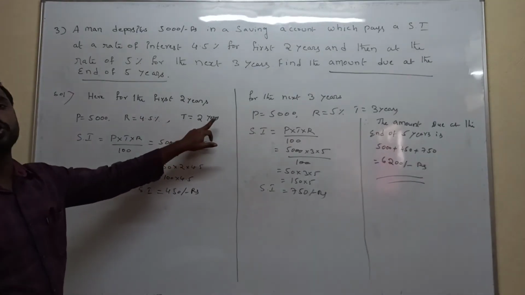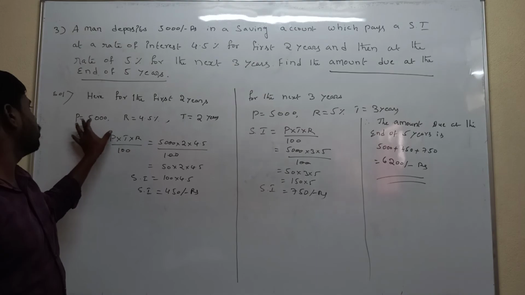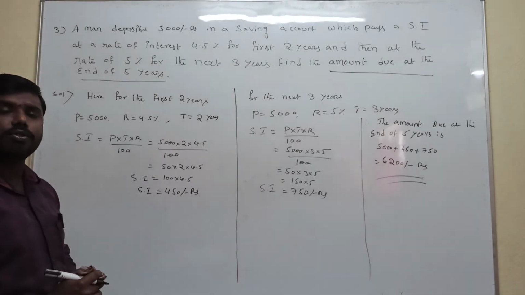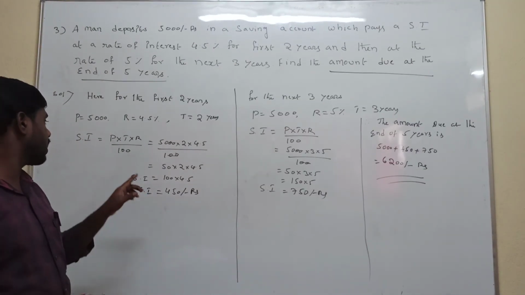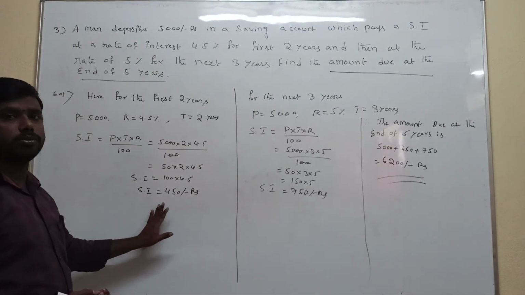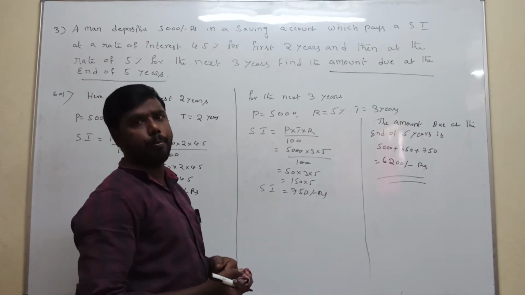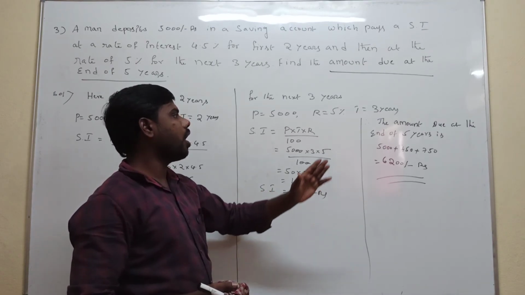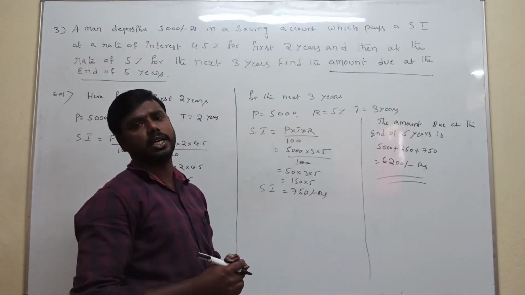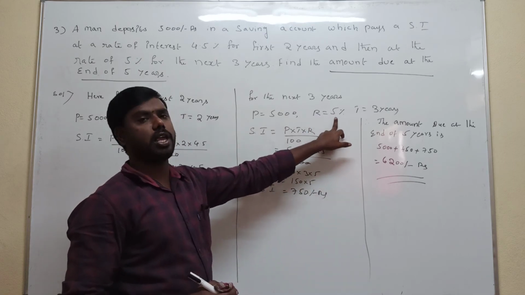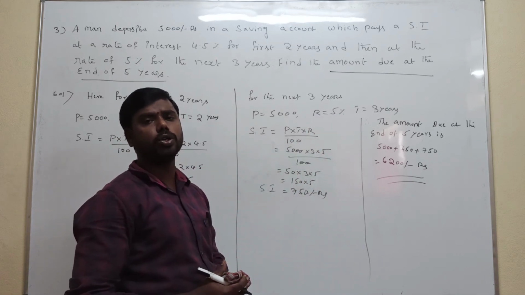Time T is equal to 2 years. Principal amount is 5,000. What is the simple interest for the first 2 years? We don't know, that's why we are calculating simple interest. For the next 3 years, the principal amount is the same, but the rate of interest increases to 5% and the time is 3 years.